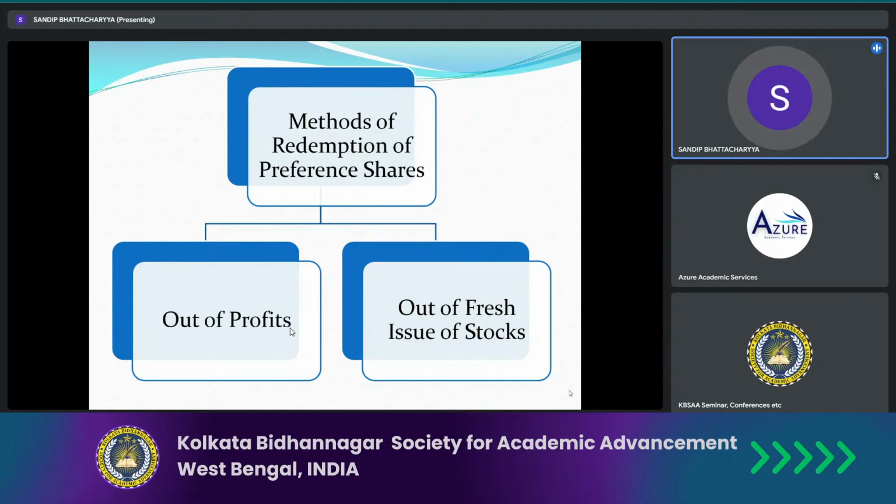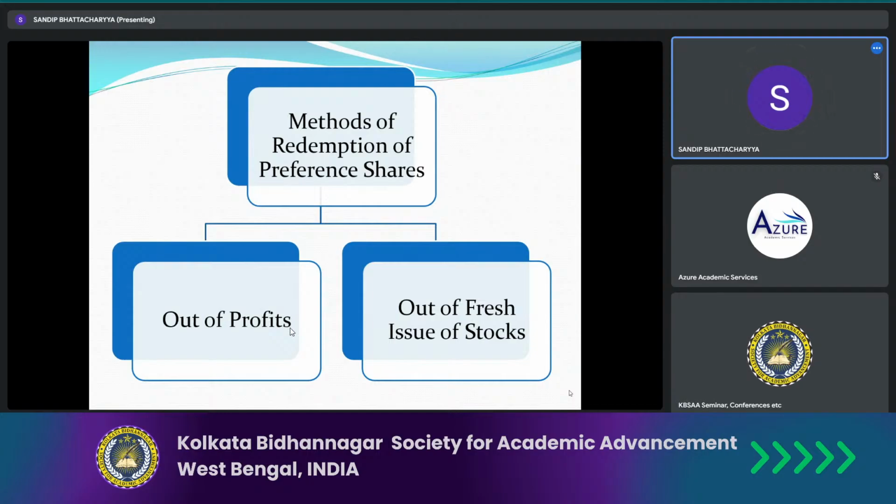So we can say that this does not affect the company's financial growth. This does not affect the financial stability. This cannot hamper the financial position of the company. So this does not affect the company's financial movement.